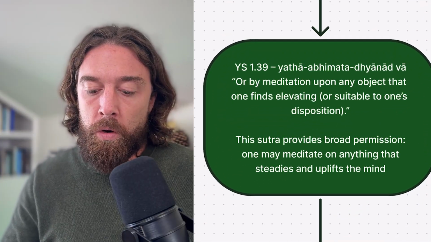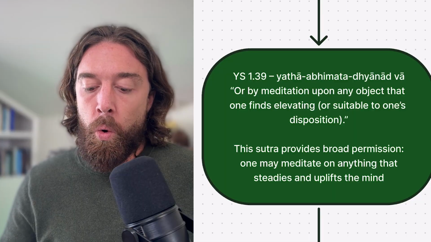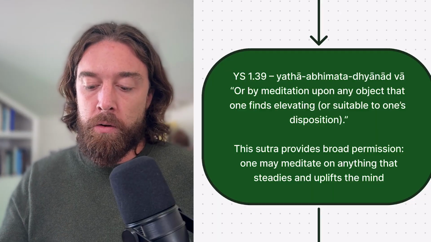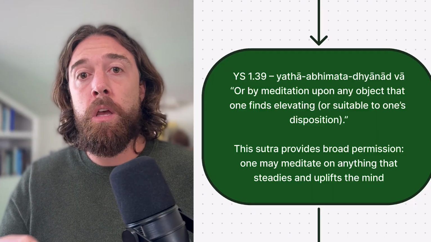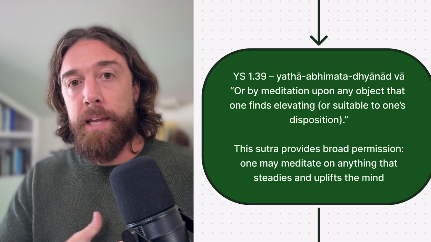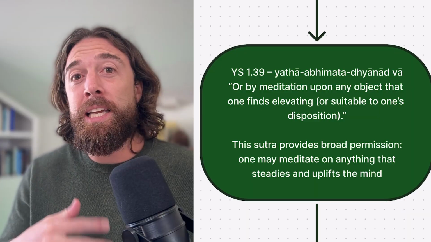But also, what's really cool about the Yoga Sutras is it outlines that you can meditate upon any object that one finds elevating or suitable to one's disposition. And this is why yoga and yogic meditation can really be practiced by anyone, because this object can be really anything.